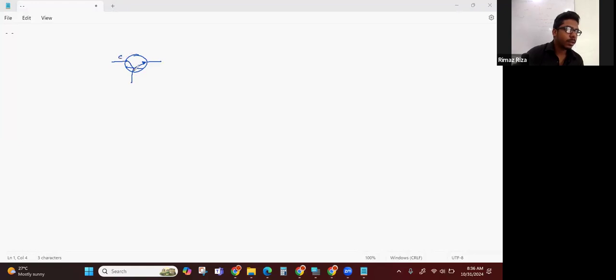So this is the collector, this is the emitter. So this is an NPN transistor. Then what we want is to make the BE junction forward biased.